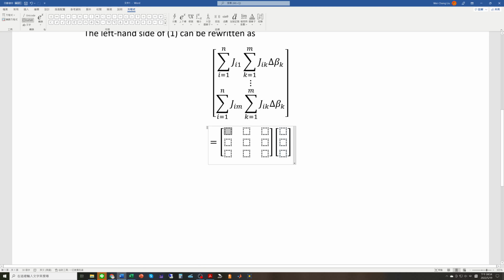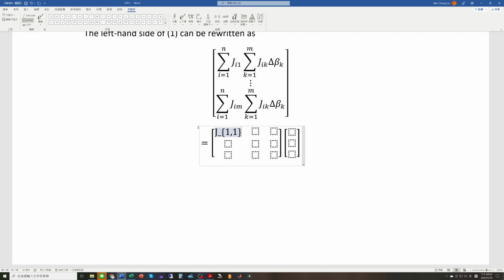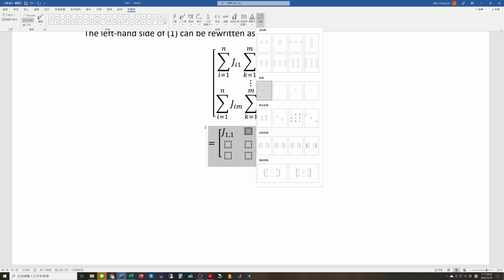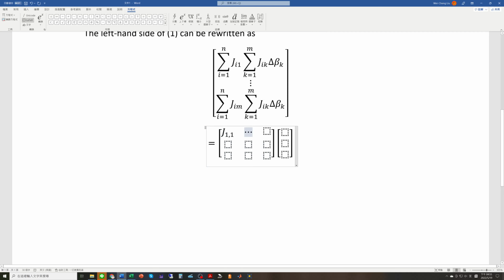So it is equal to capital J11. Okay, and then let us input horizontal dots. Okay, and the last element of the first row should be capital Ji1, where i is equal to n.